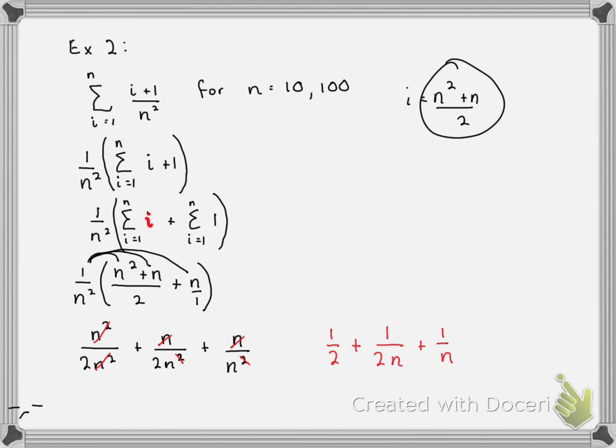Now that we have that formula, we don't need to worry about common denominators. The only thing we are going to do now is plug in first a 10 where you see the n's and add them together and get that sum. And then 100. Replace n with 100, add those up together, and get the sum.